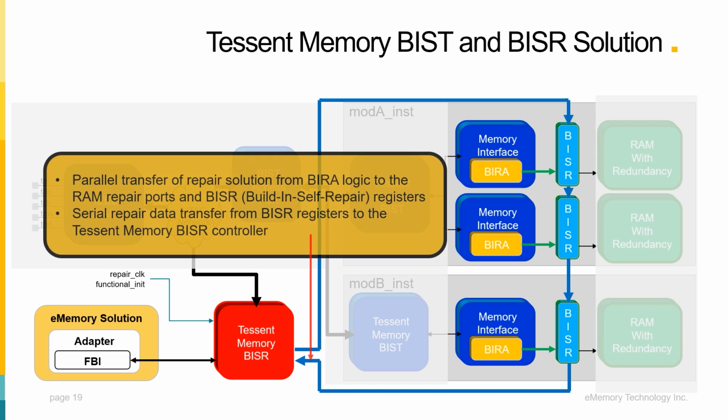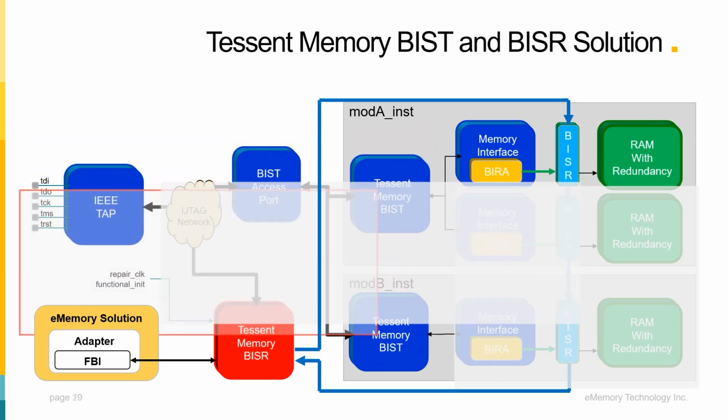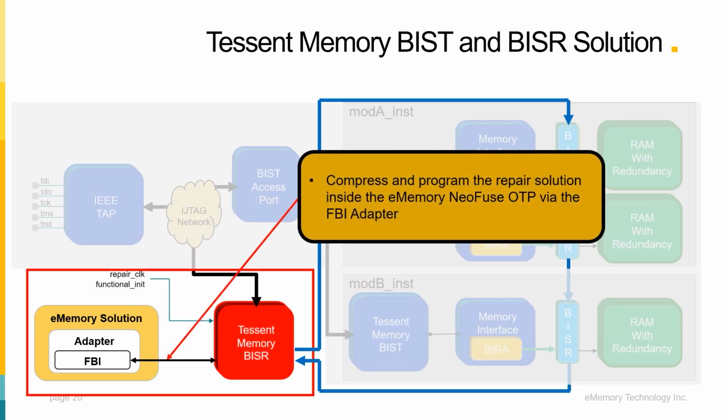Following that, the repair information is transferred serially from the built-in self-repair registers to the Tessent memory built-in self-repair controllers. And then, compress and write the repair information into the eMemory NeoFuse OTP through the adapter interface.